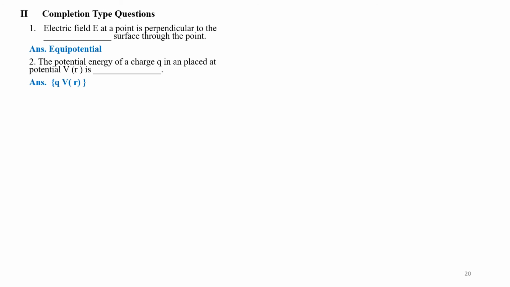Then we have to fill up the blanks. Electric field at a point is perpendicular to the equipotential surface. The potential energy of a charge Q placed in an electric potential V(r) is Q into V(r).